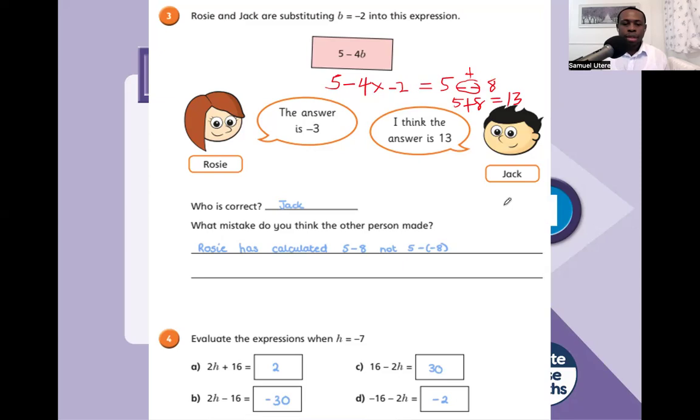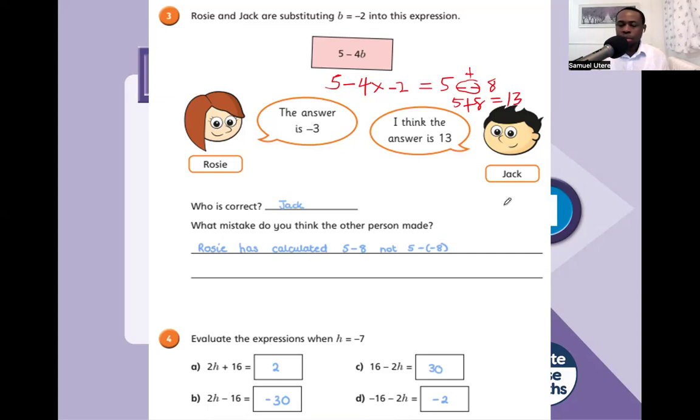Okay. Next, for question 4, you were asked to evaluate the expressions when h is -7. Now, to evaluate the expressions, remember, means you substitute a value in and you get an actual numerical value after you finish your calculation. So 2 times -7 is -14.